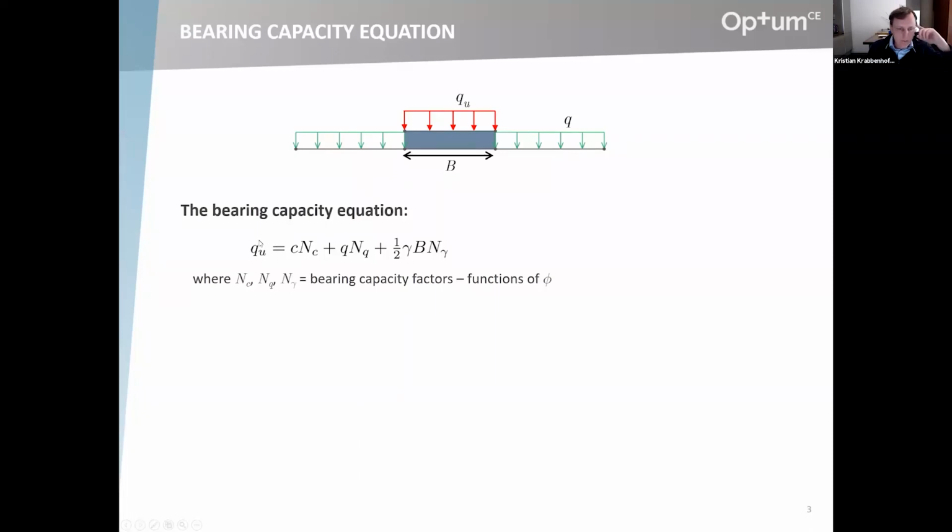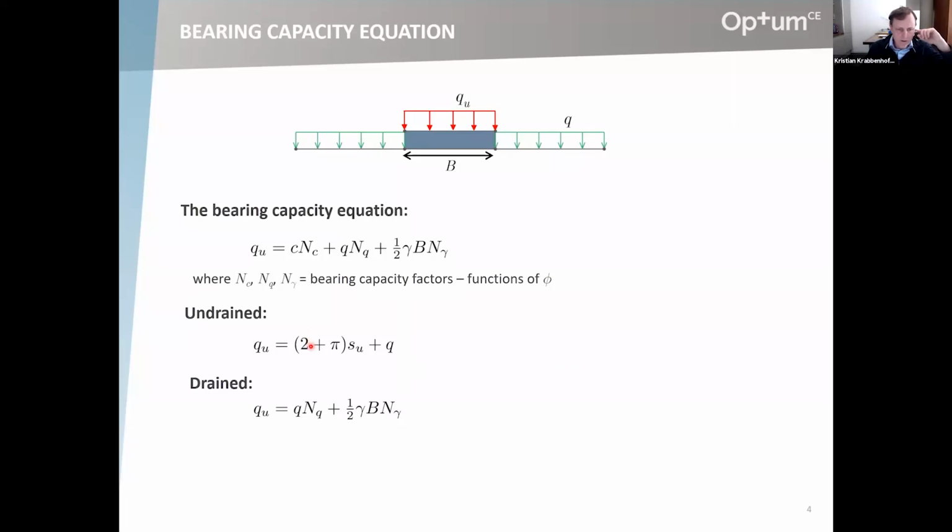It's a cohesive frictional soil, and we express the bearing capacity as the sum of three terms related to the cohesion, the surcharge, and the unit weight. Then we have the bearing capacity factors N_c, N_q, and N_gamma that depend on the friction angle. Sometimes you see two specialized bearing capacity equations mentioned.